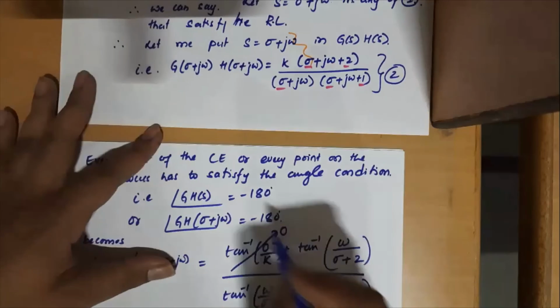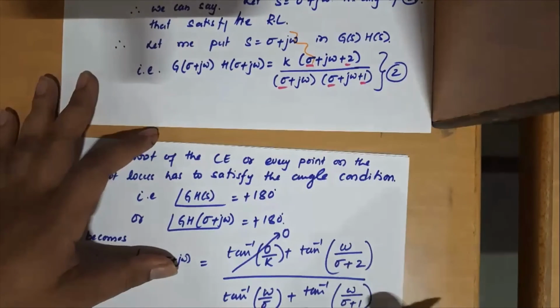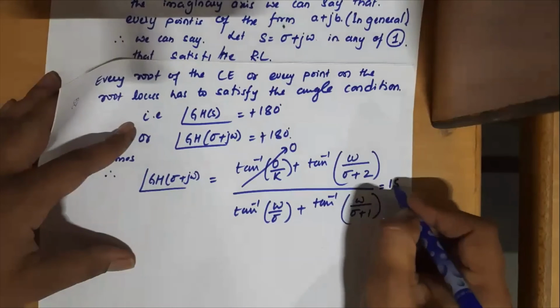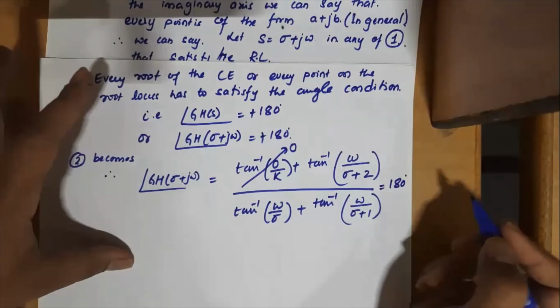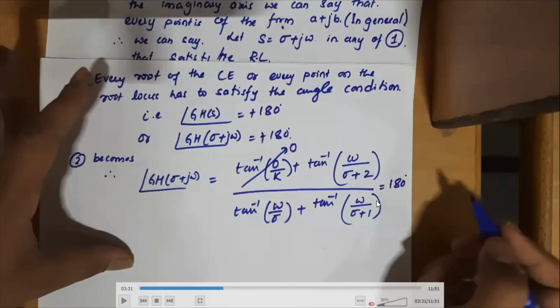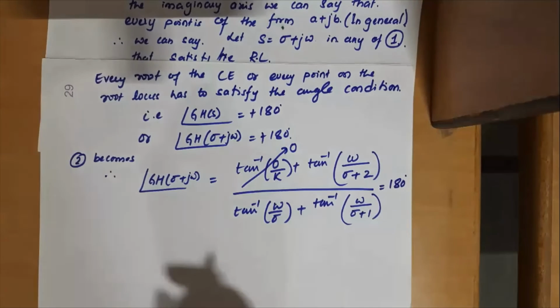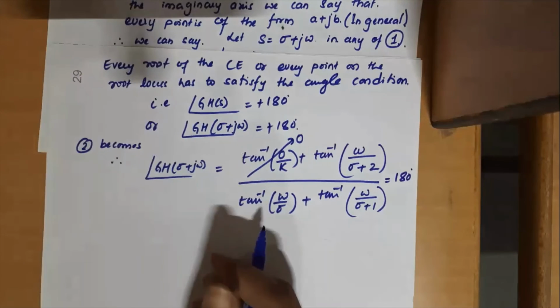The condition is that this should be equal to plus 180 degrees. Anybody not understood these equations? Please revise your knowledge of complex numbers from basic electrical. This is how we write the phase angle condition.